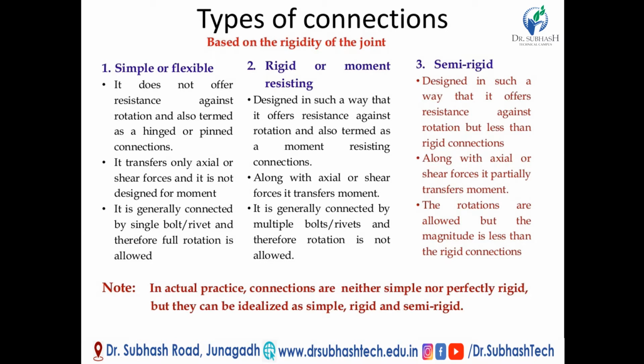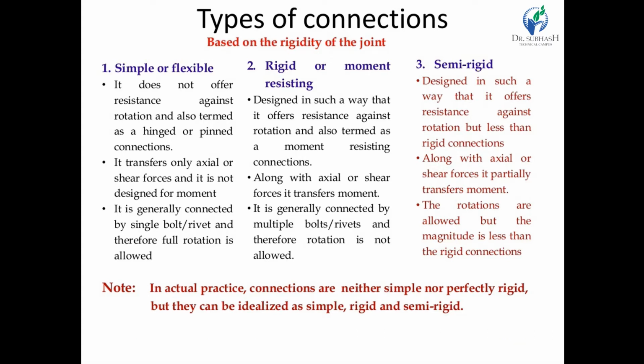According to rigidity of joint, connections are mainly described in three types. First one is simple or flexible connection, second one is rigid or moment resisting connection, and third one is semi-rigid connection. Start with the first, simple or flexible connection. It does not offer resistance against rotation and is also termed a hinge or pin connection.